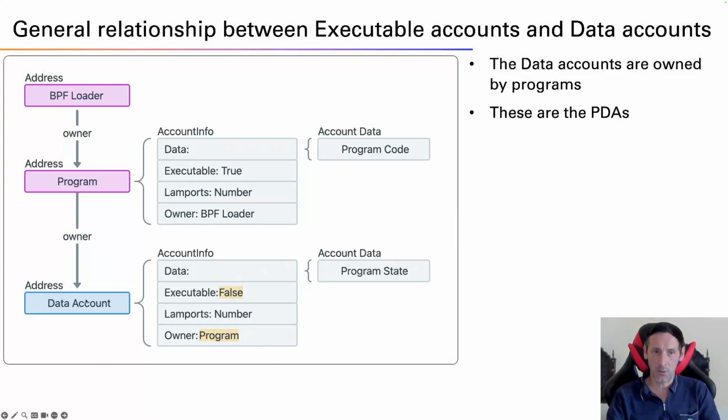So we're going to spend a lot of time talking about these data accounts. As you can see, the data account has an owner, which is obviously the program that owns the data account. So what does this mean? For the past few videos, especially in maybe my second or third video of the channel, I spent time talking about PDAs, program-derived addresses.